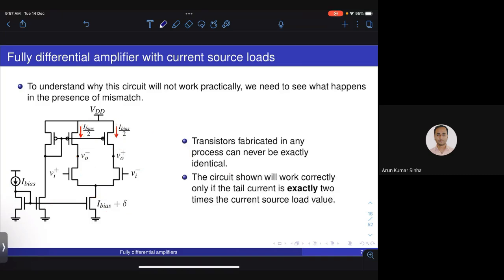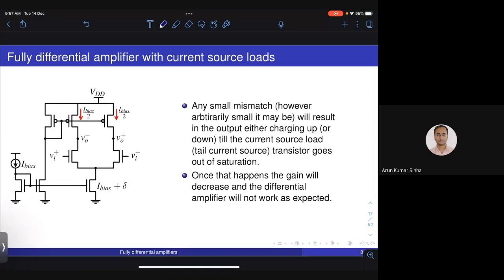So this circuit will work correctly only if the tail current is exactly 2 times the current source load value. So basically, in this case, only if delta is 0 will this circuit work correctly.